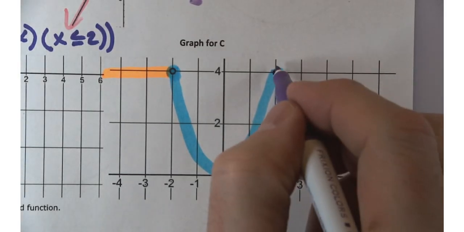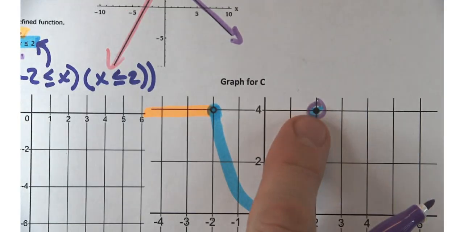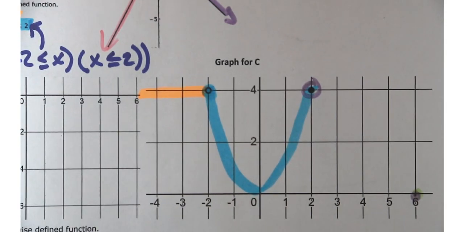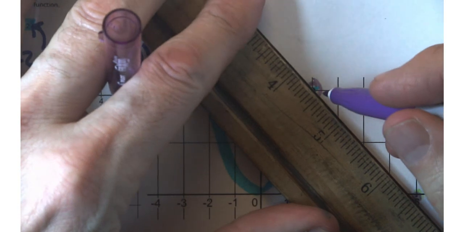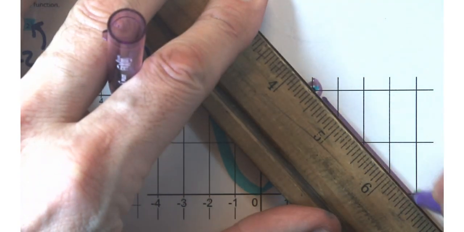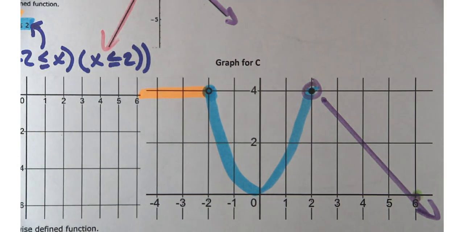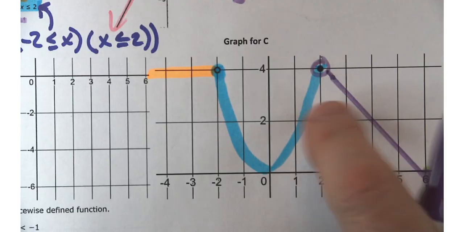Now this part of the graph actually has a hole here, but that hole is filled in by your parabola. So the rest of this looks like this right here. Okay, so it's a hole from this part of the graph, but this one fills it in.